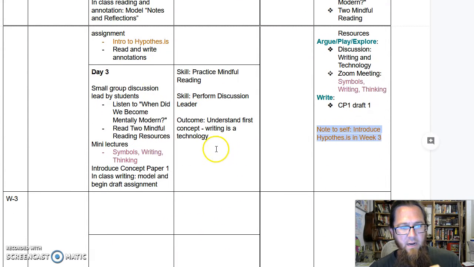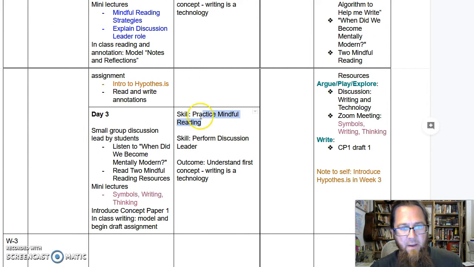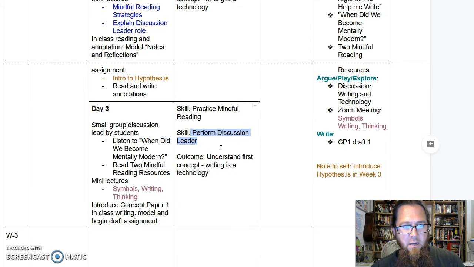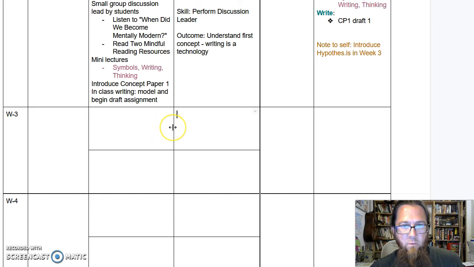It limits what I can do on day 3, or what I normally do on day 3 to some extent, but I can still talk about mindful reading practices. I can still talk about this leadership role. I can still promote collaboration and even introduce them to annotation. But then the next week, when we don't have so much on our plate, we've got some room to learn a new tool. Here's where I can revisit annotation skills through a new tool like Hypothesis.